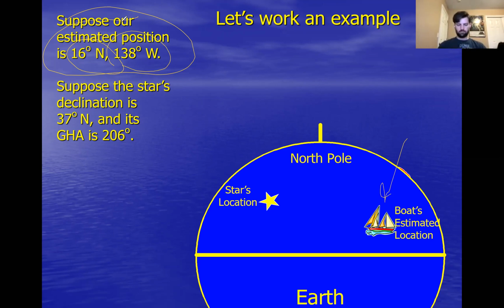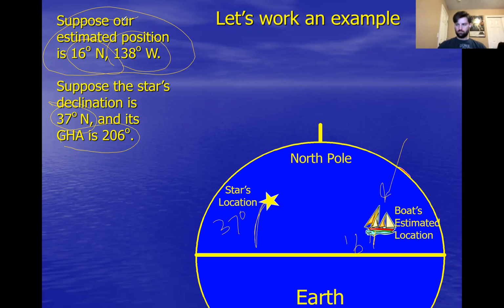Let's suppose the Nautical Almanac tells us that the declination, which is another word for the latitude, of the GP at the time that we measured it was 37 degrees. So this here is 37 degrees, and for our boat, we said it was 16 degrees. And the GHA of the star at the instant that we measured it was 206 degrees.